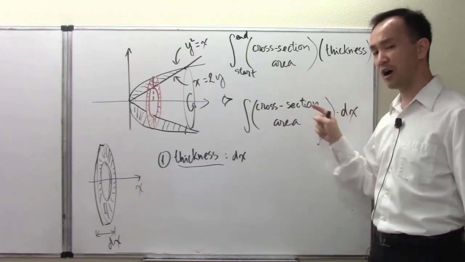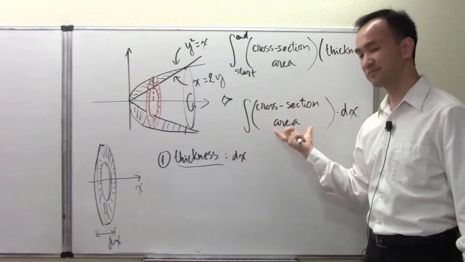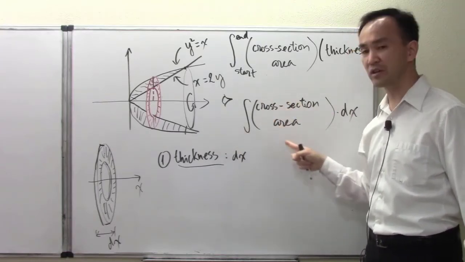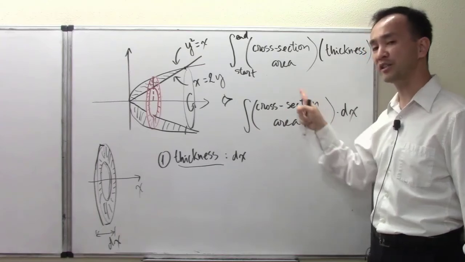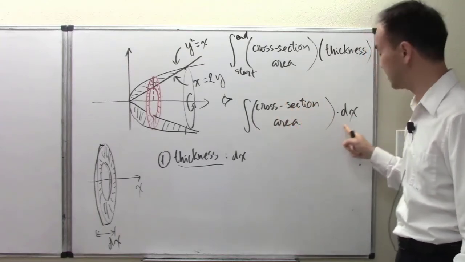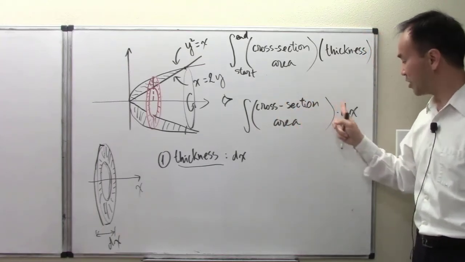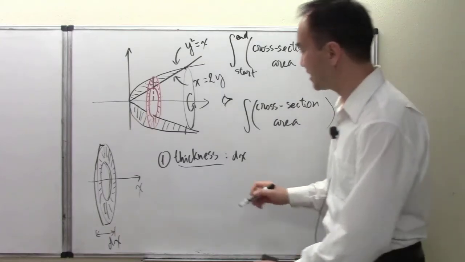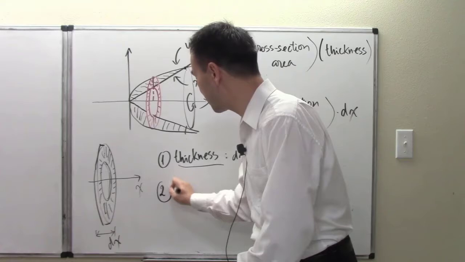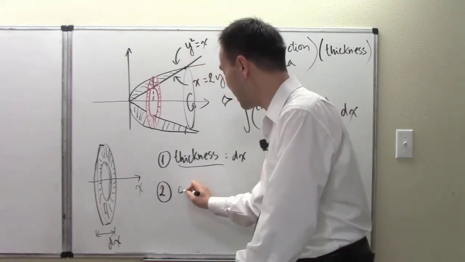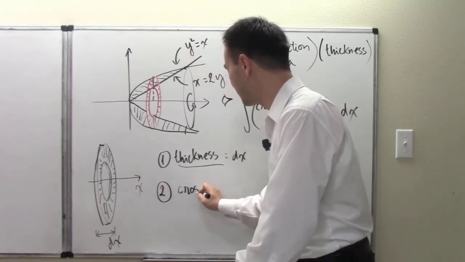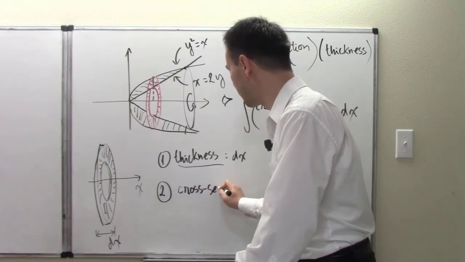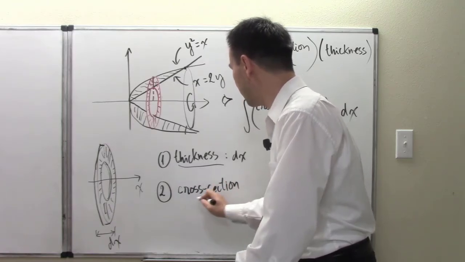That will consequently lead to the next step, where we should derive our cross-section area as a function of x, because the differential expression is now in terms of x. So now let's start looking for our cross-section area.